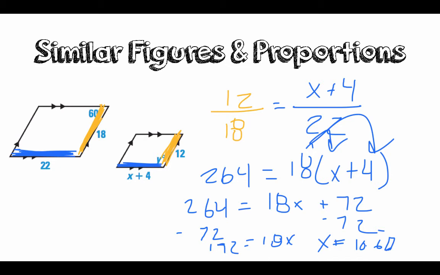So when we go back and look at this, we'll say that 14 is there. So if we go 14.67 over 12 is equal to 22 over 18.